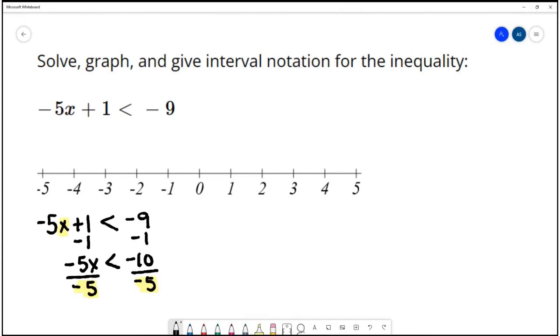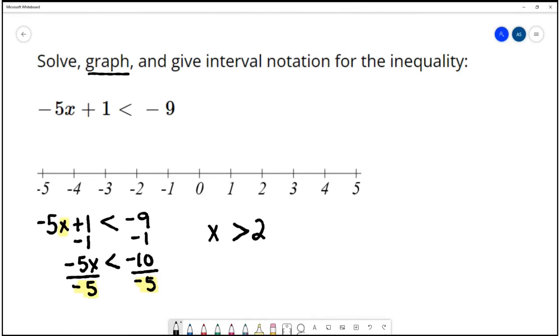So simplifying the left-hand side, negative 5 divided by negative 5 is 1, leaving us with 1x on the left. We're reversing that inequality symbol because we divided both sides by a negative. And on the right-hand side, negative 10 divided by negative 5 is a positive 2. So we've solved the inequality.